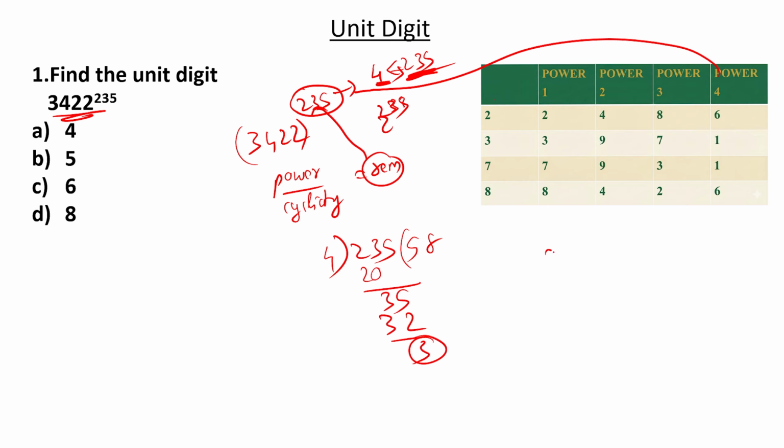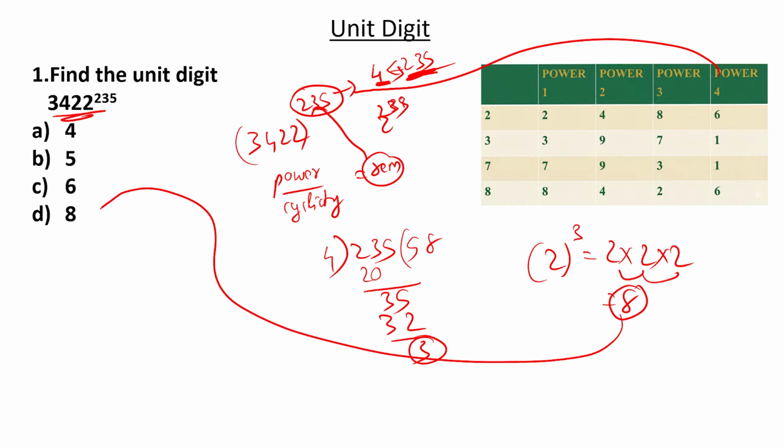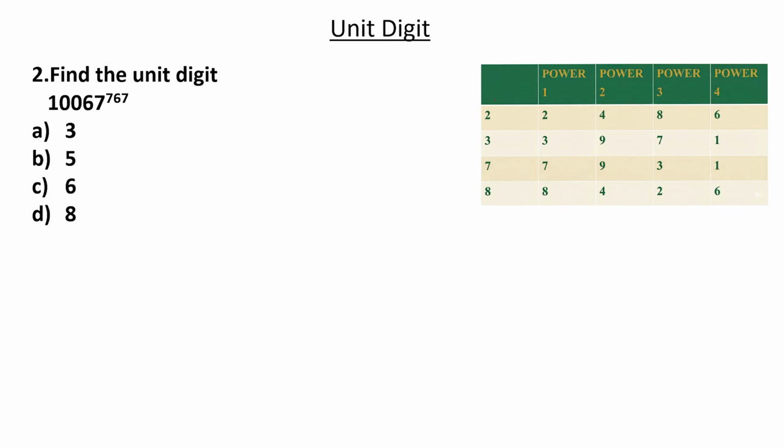So all we need to do is 2 power 3. 2 into 2 into 2, 2 2s are 4, 4 2s are 8. We'll get the value 8, and 8 is our answer. That's it. There's nothing much. I hope you understand it. Let's move on to the next one.